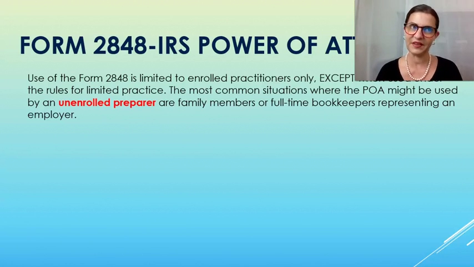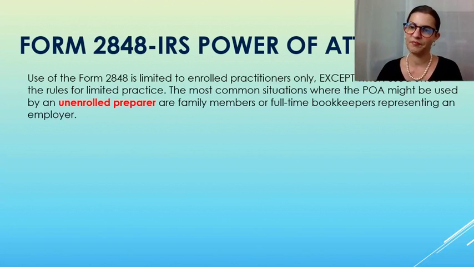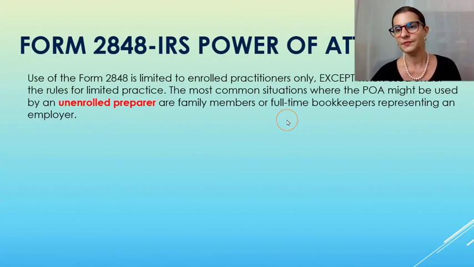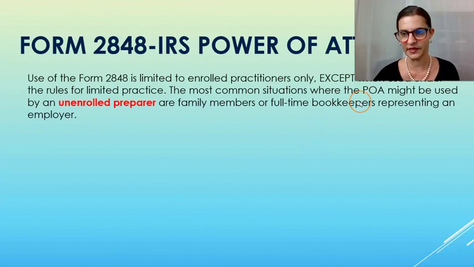You could represent a parent, a sibling, a half sibling, a step sibling, and you can also represent any of your children, whether or not they're minors or adults. That's one of the exceptions to the 2848 being limited to enrolled practitioners. Now, the other example, which I've seen pretty commonly, is full-time bookkeepers representing an employer.